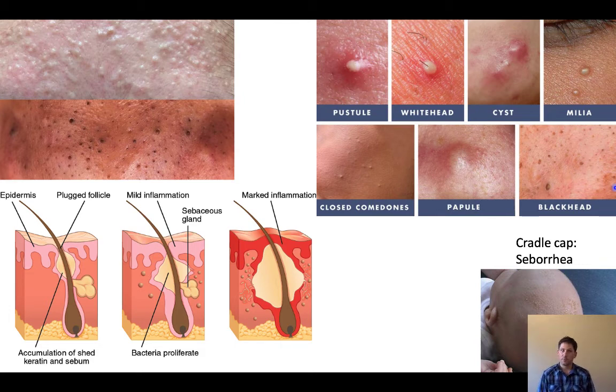Now, I just wanted to kind of point this out. We all have probably dealt with acne at some point in our life, whether it was on our face or on our back or our arms or wherever it was. And generally what's happening is it's a plugged follicle up here, okay?